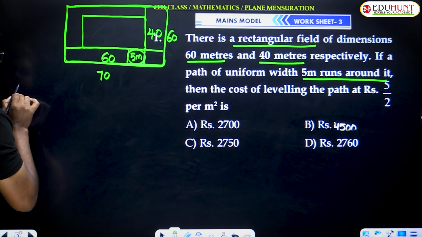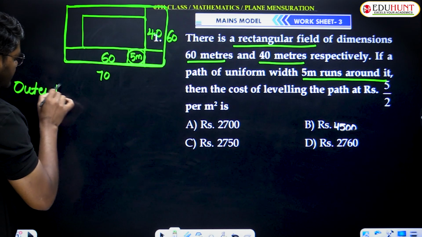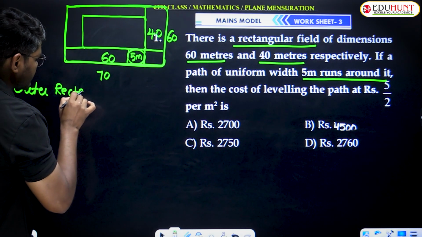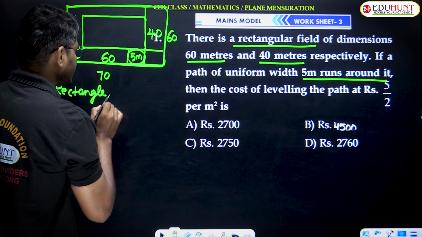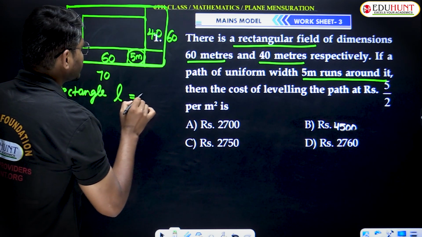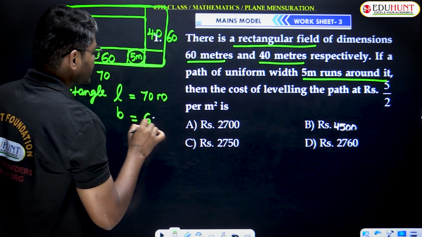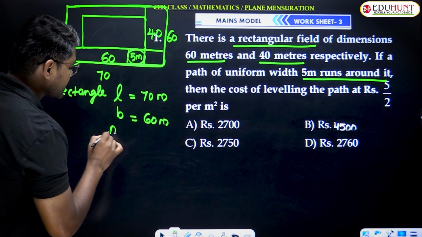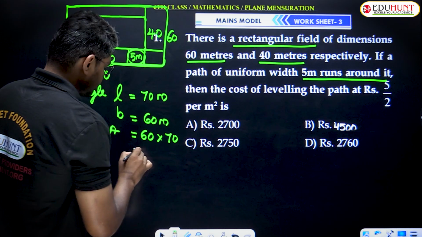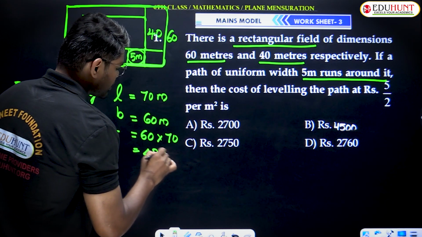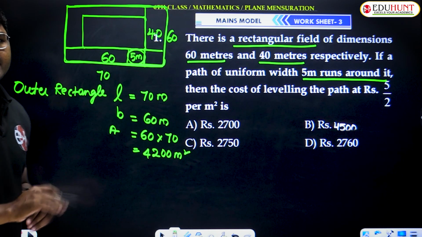So, outer rectangle: length is equal to 70 meters, breadth is equal to 60 meters. Now, area equals L into B, 60 into 70, 4200 meters square. This is the area of the outer rectangle.